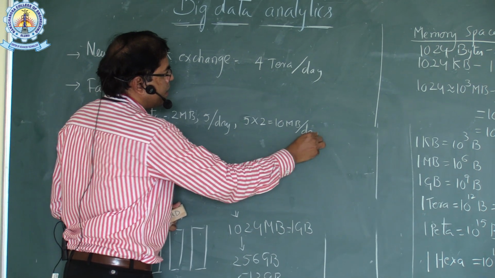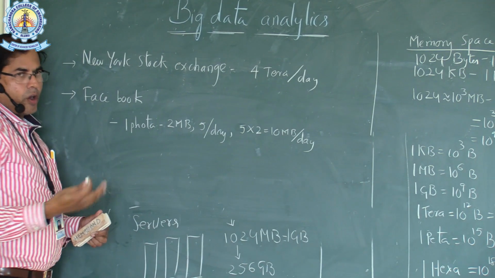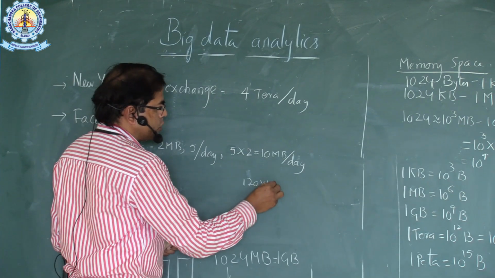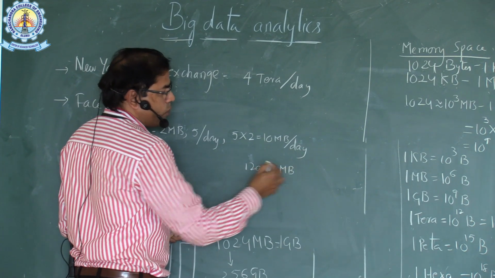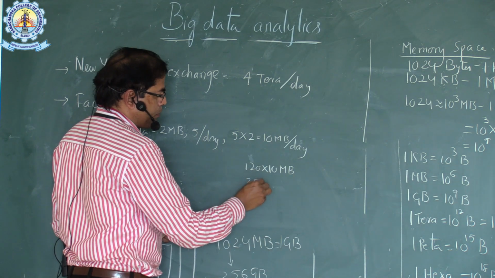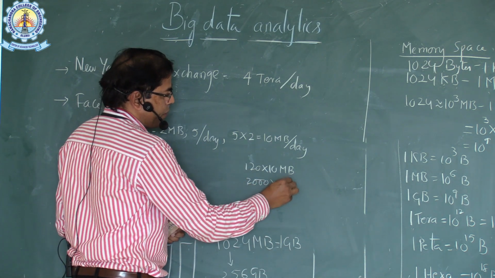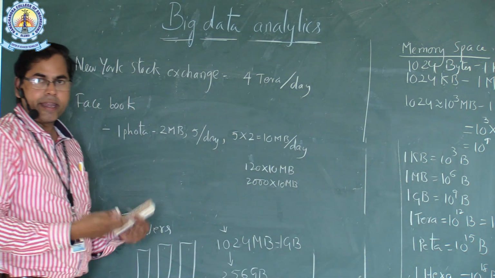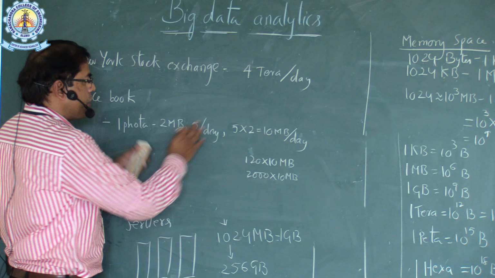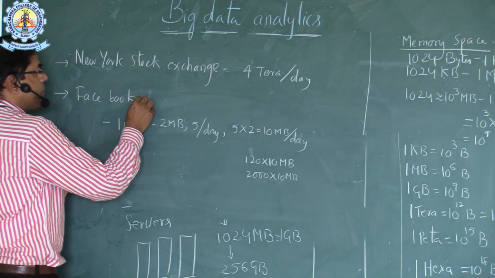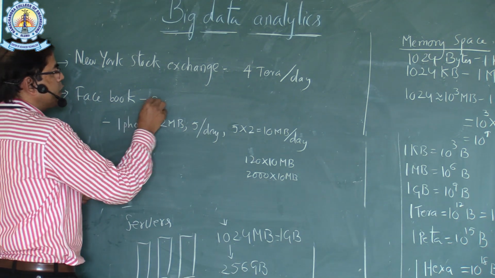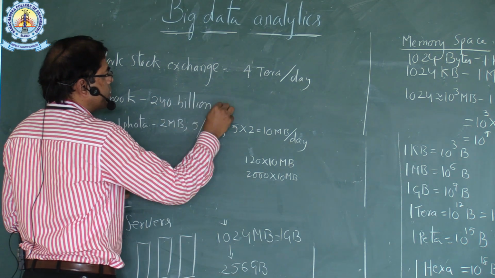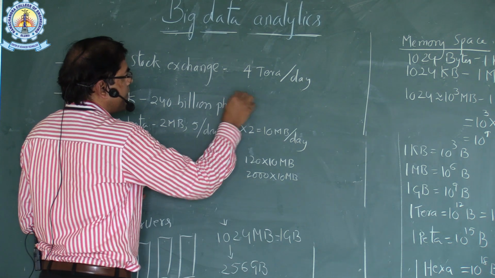Assume that your friends or classmates, almost 120 members, into 10 MB. You can go for the college, approximately 2000, into 10 MB. If you go for other colleges, West Godavari, then AP, then India, then the world, and accumulate all these things for Facebook, it is 240 billion photos that we are saving per month.